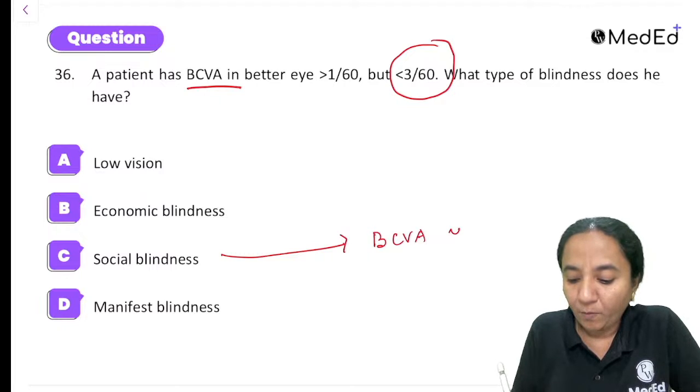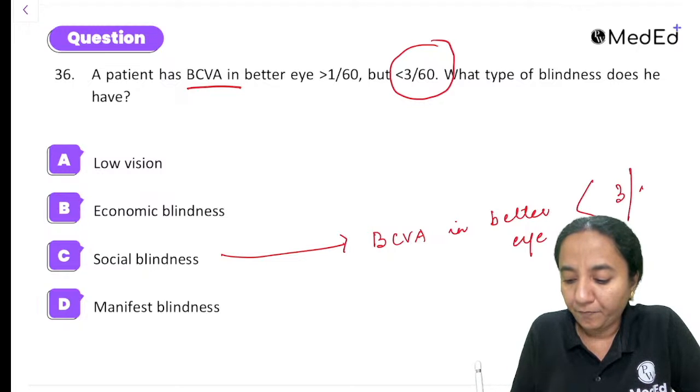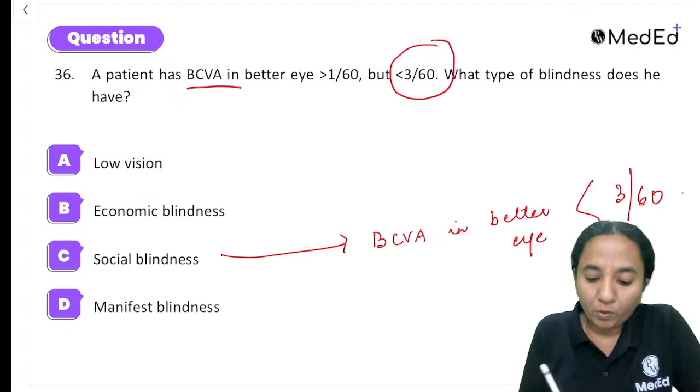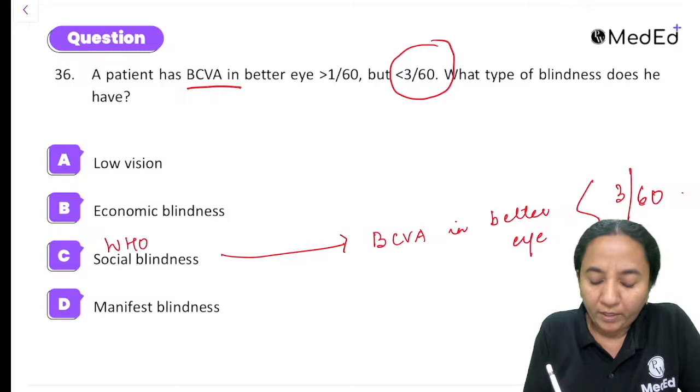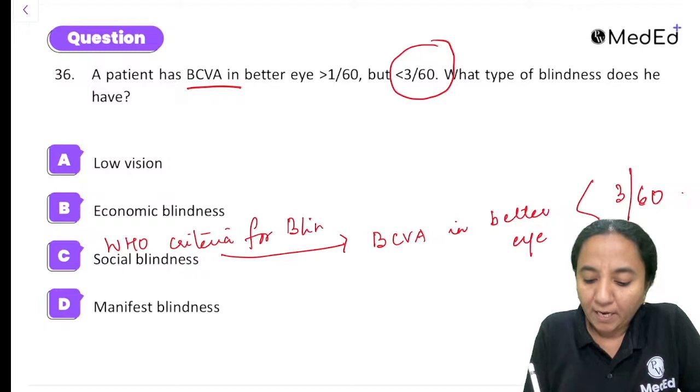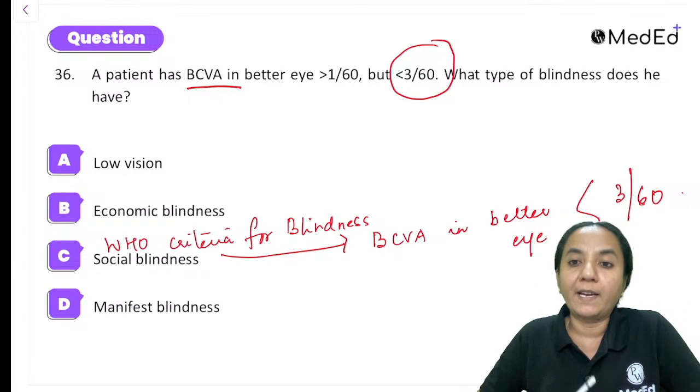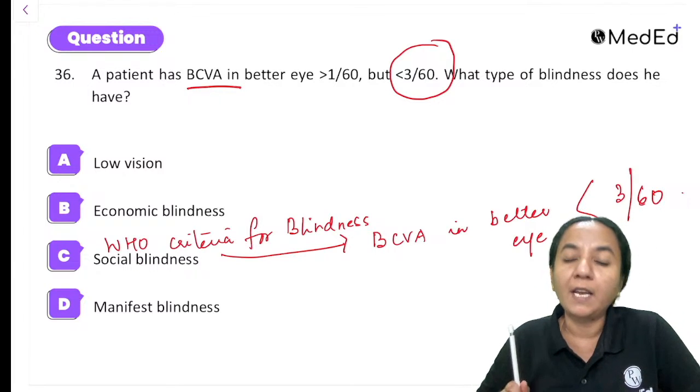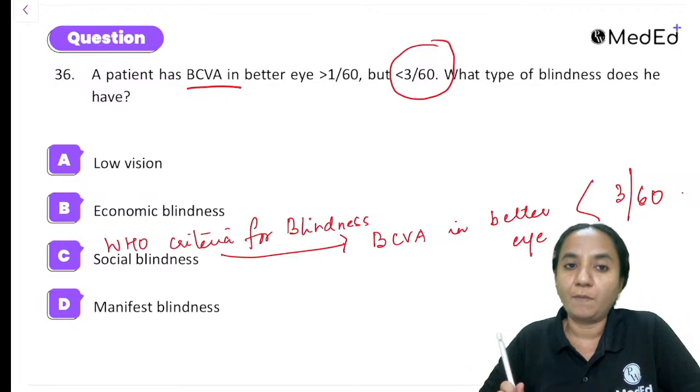That is BCVA in the better eye less than 3/60. This is also the WHO definition or the WHO criteria for blindness, so this can come in the exam. So WHO criteria for blindness or social blindness is when you have BCVA in the better eye less than 3/60.